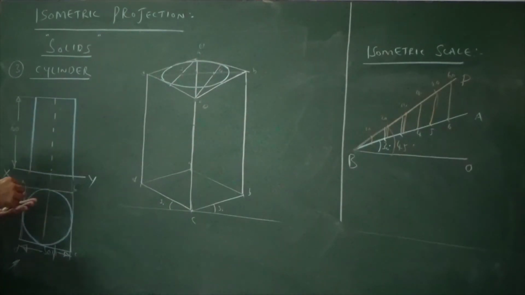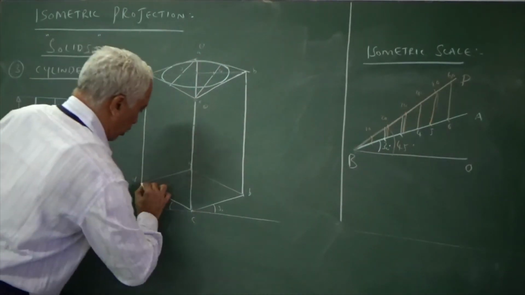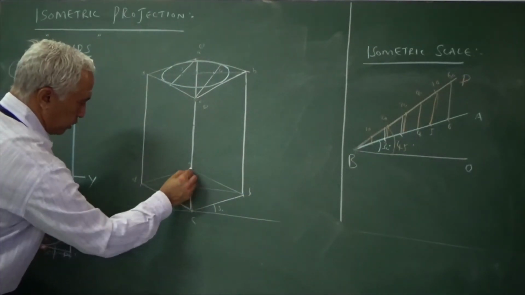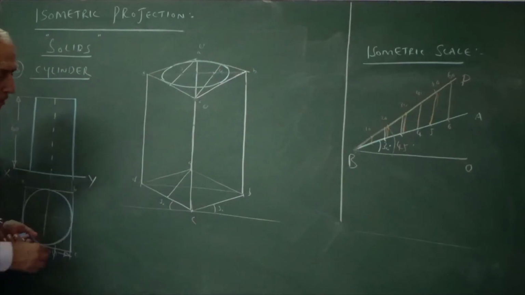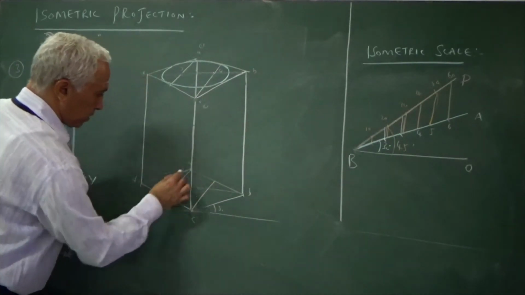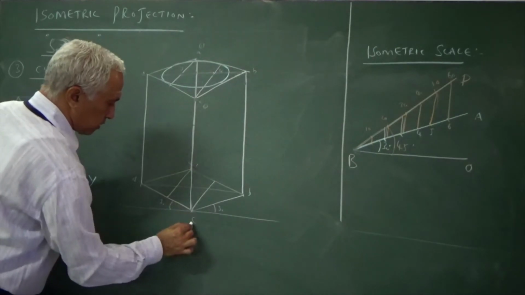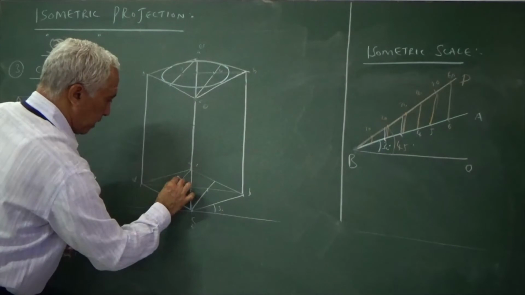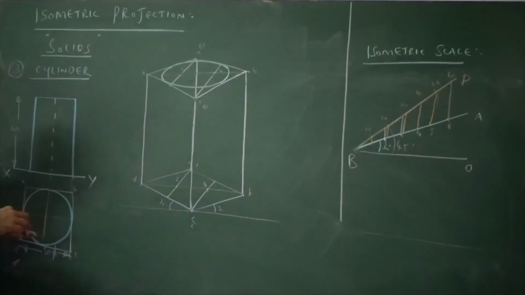Similarly, at the bottom also, join the longer diagonal BD. From A, draw a line to the midpoint of CD. From C, draw a line which joins the midpoint of AB. A is center number 1, C is center 2, and these two lines meet the longer diagonal at point 3 and point 4.